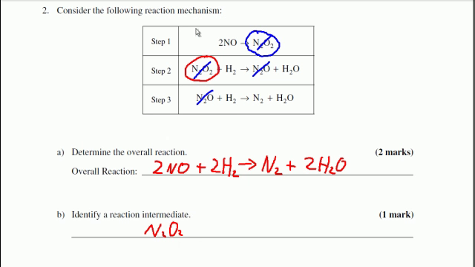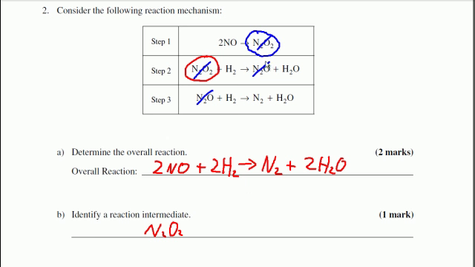If it's first found as a reactant and then later on comes out as a product, that's a catalyst. But this one is first a product, then a reactant, so therefore it's a reaction intermediate. So again, N2O2 is a reaction intermediate.